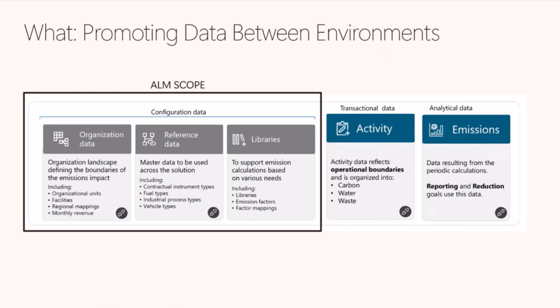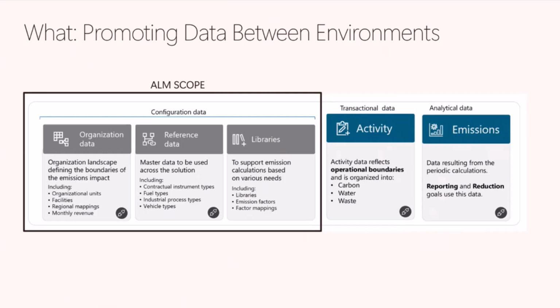However, there are some data categories that are either transactional or analytical, which don't require being promoted between environments. For those, we don't suggest you add them to the ALM scope and move them between environments. Purchased electricity, for example, is activity data, so you don't need to move this data from one environment to another through ALM automation.